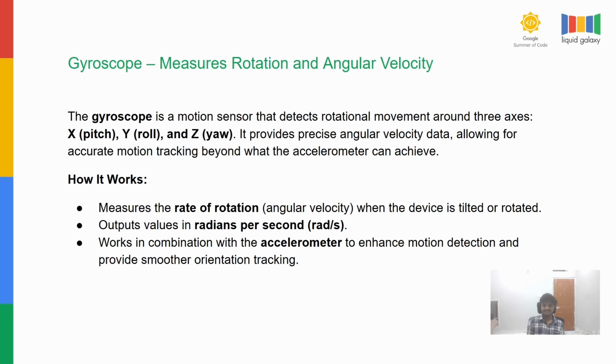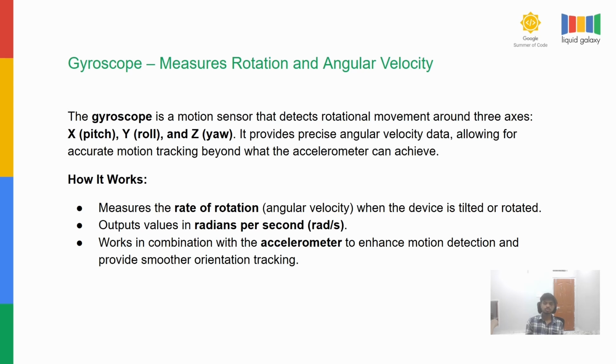It provides precise angular velocity data, allowing for accurate motion tracking beyond what the accelerometer can achieve. How it works: it measures the rate of rotation, angular velocity, when the device is tilted or rotated, outputs values in radians per second, and works in combination with the accelerometer to enhance motion detection and provide smoother orientation tracking.